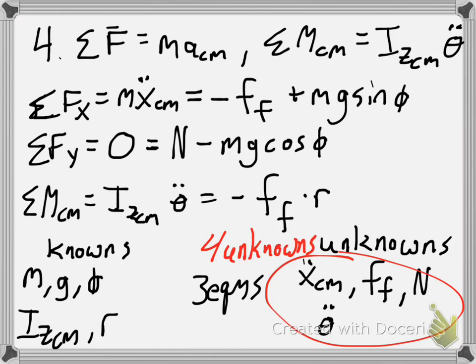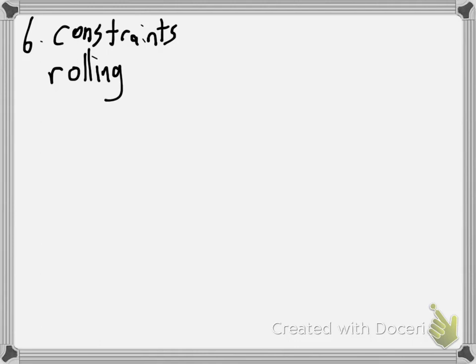All right. Step 6, constraints. What is my physical constraint? That the force of friction is going to be equal to normal force times. Nope. Yeah, no slipping. Rolling without slipping is my physical constraint. Rolling without slipping.